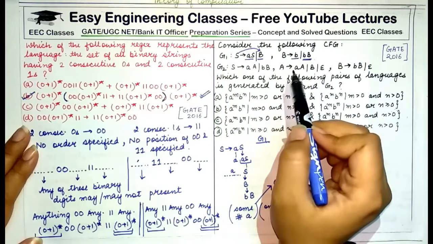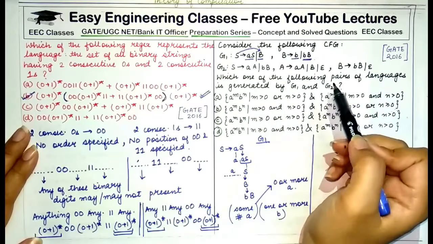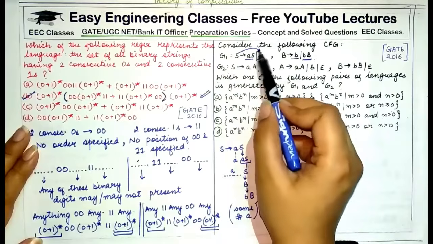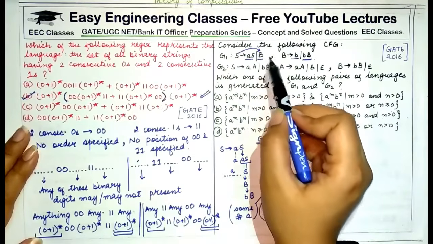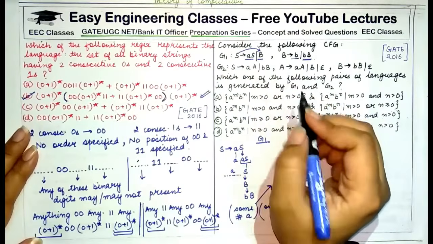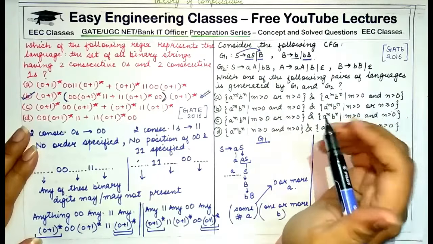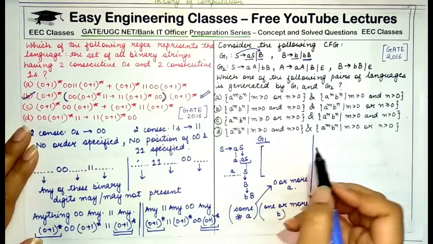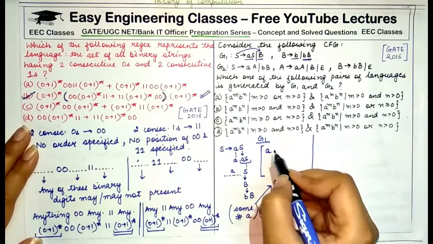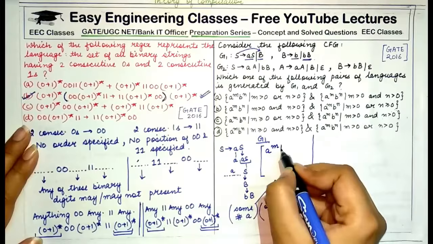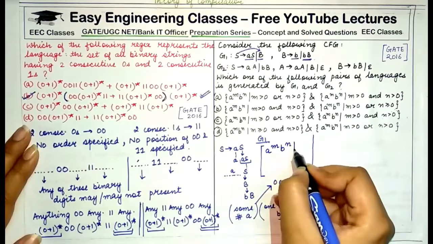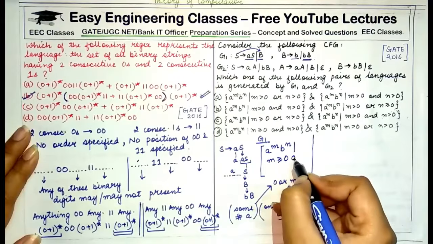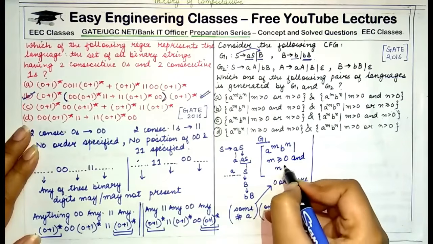Or the second type of strings that you can generate using G1 is S directly going to non-terminal capital B. That means generating strings of the form single b or multiple b. So what is the language that we generate here? We basically generate a raised to power m, b raised to power n, such that m is greater than or equal to 0 and n is greater than 0.